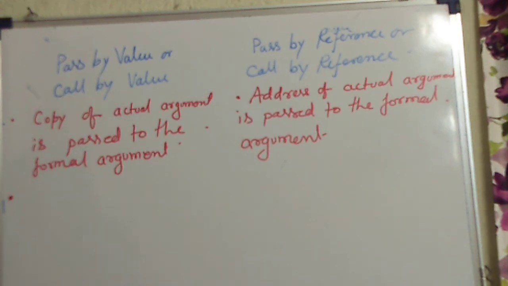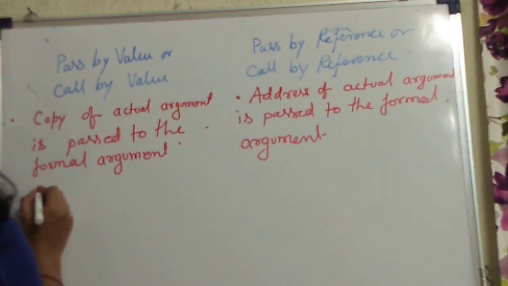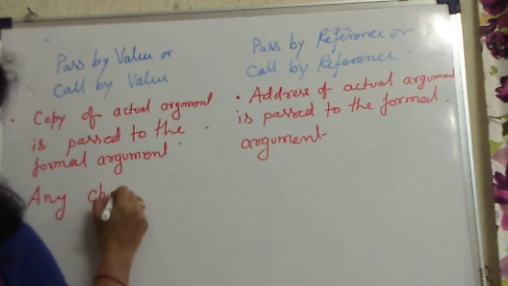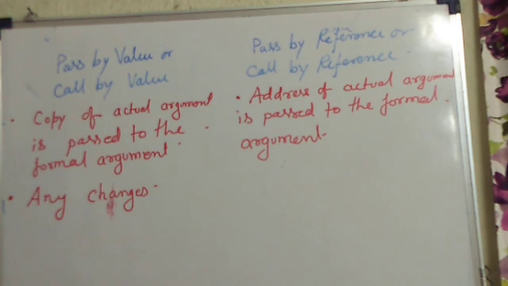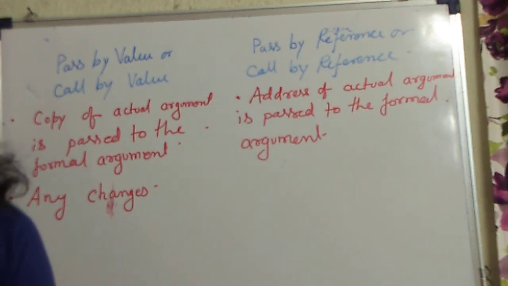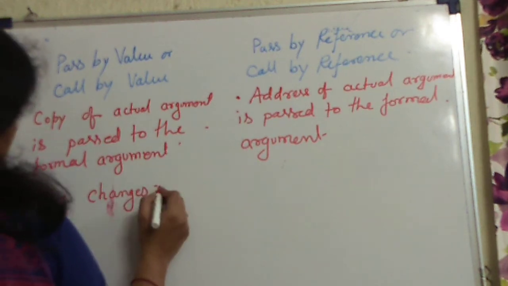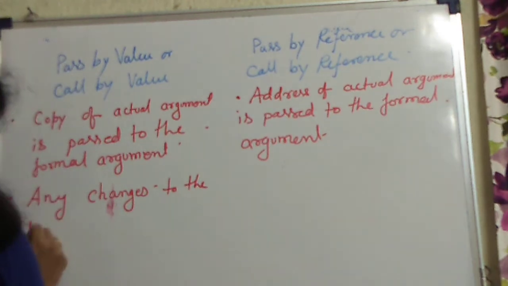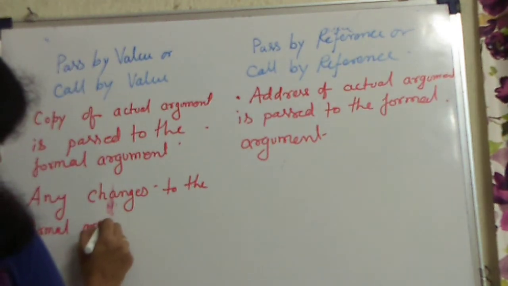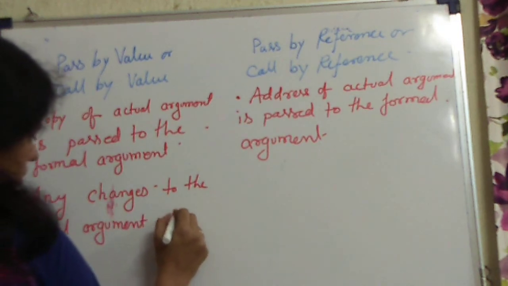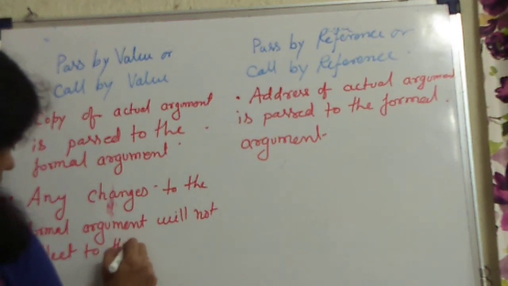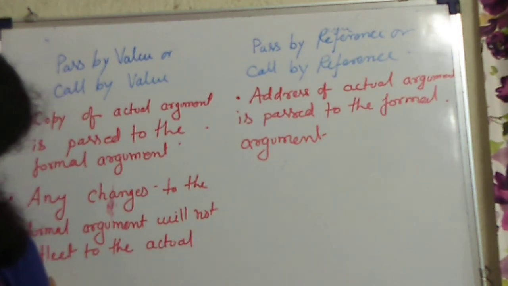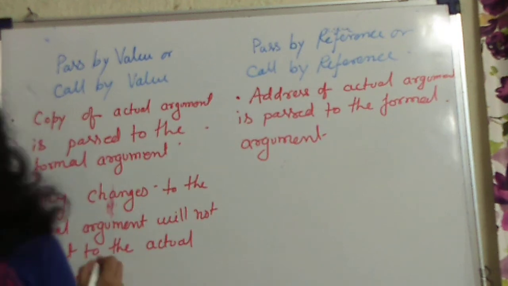Now let us see what happened in pass by value. In call by value, a copy of the actual argument is passed to the formal argument, and any changes to the formal argument will not reflect to the actual argument.